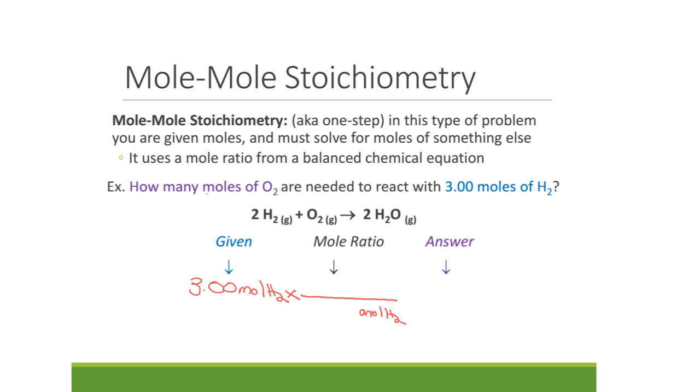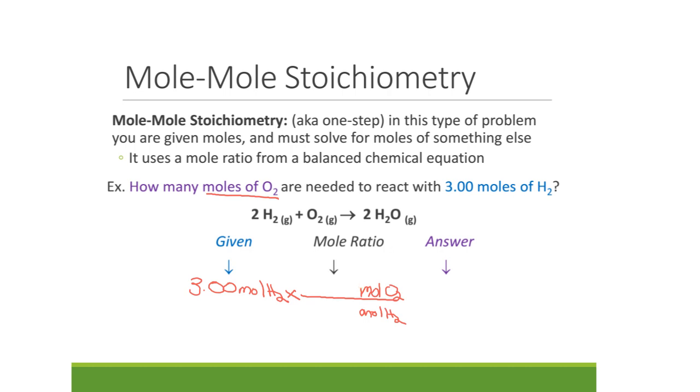The unit that I want goes on top, and I want moles of O2. So on top of this conversion factor, this mole ratio, I'm going to write moles of O2. That's what I want. And this is a mole ratio. We've got moles of what we were given on the bottom, moles of what we want on top. Classic mole ratio.